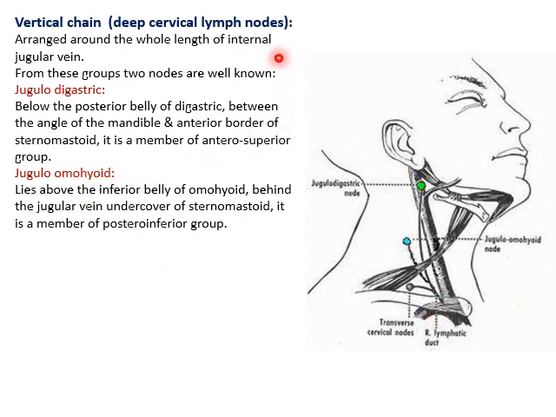Actually the lymphatics from all these lymph nodes finally reach the jugulodigastric, and finally the jugulo-omohyoid, and then they form the jugular trunk, which further drains to the thoracic duct or directly to the internal jugular vein.